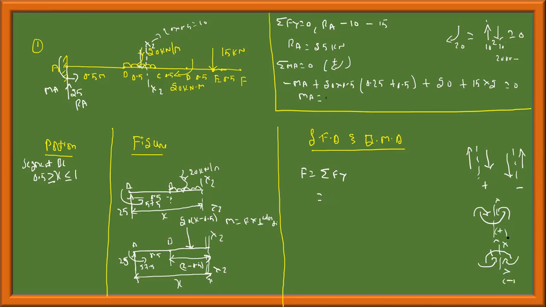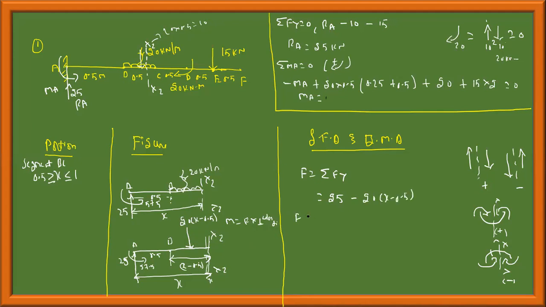Summation of forces in y direction: this is 25 acting upward. Then there is one more force acting downwards, which is negative, minus 20 into x minus 0.5.